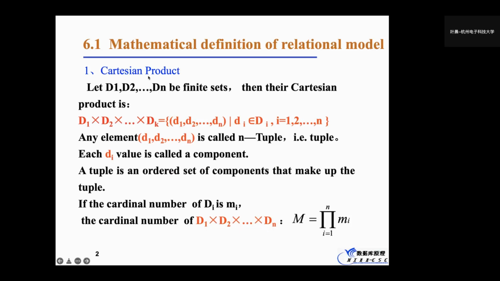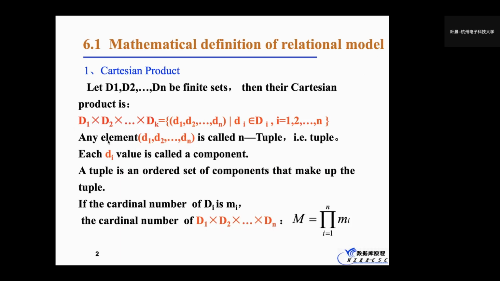Let D1, D2, ..., Dn be finite sets. Then their Cartesian product is written like this. Any element (d1, d2, ..., dn) is called an n-tuple. That is what we called a tuple before.